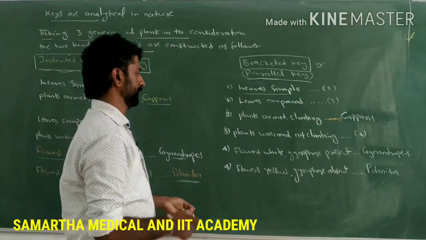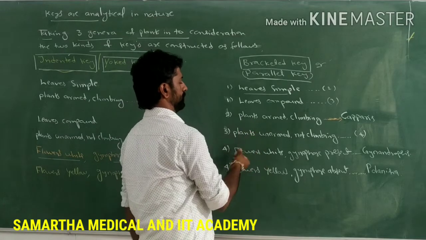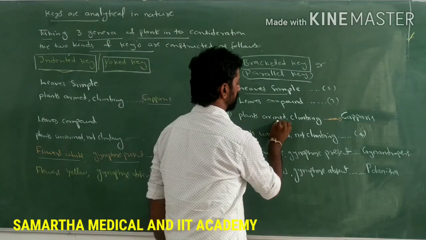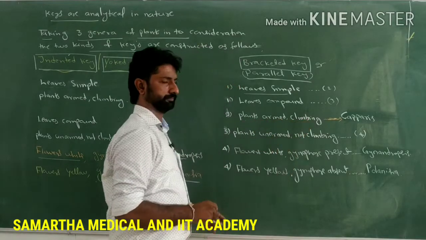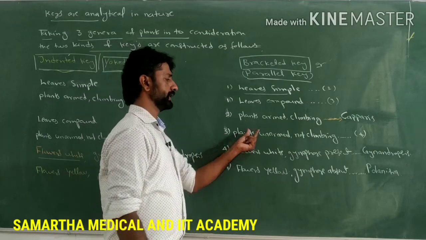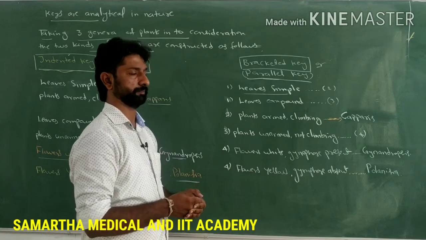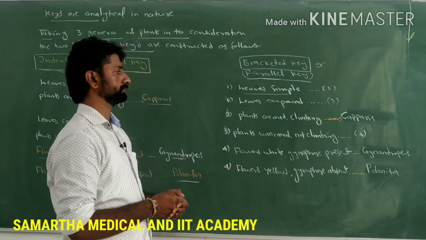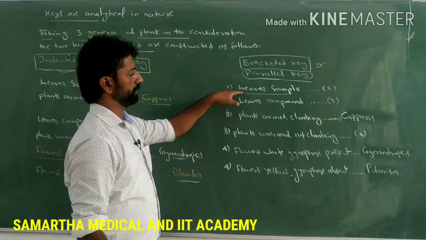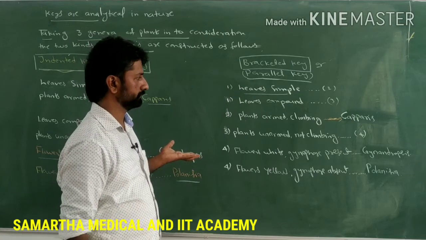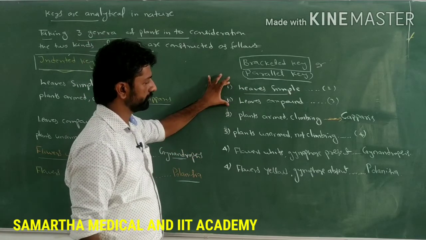Next, what about the nature of plants? Plants armed and climbing, plants unarmed, not climbing. These are the two categories present here. So, leaves will be common for all the plants, right? Let's consider it as the first character.